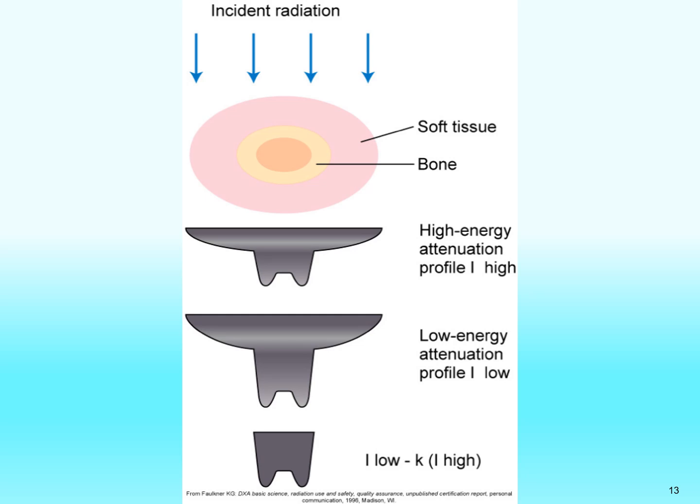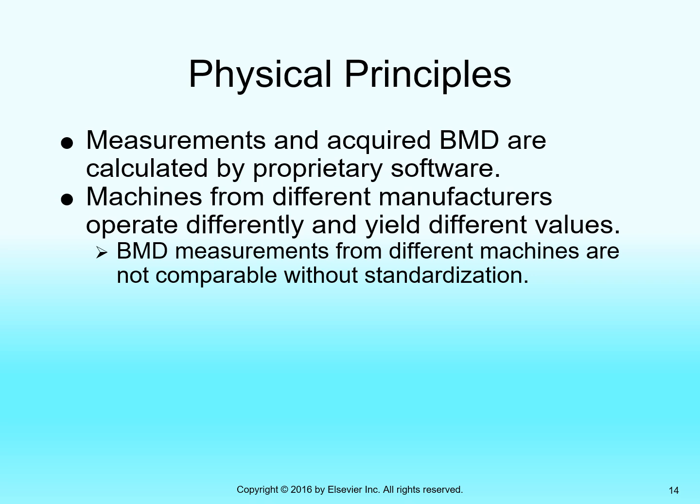So that little K is a multiplication factor that changes the change in attenuation into a prediction of calcium content or calcium density, depending upon what software is used. Okay? So it's calculated by proprietary software, but we understand the physics.